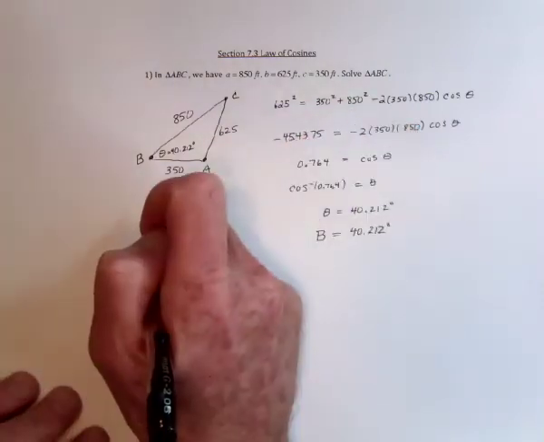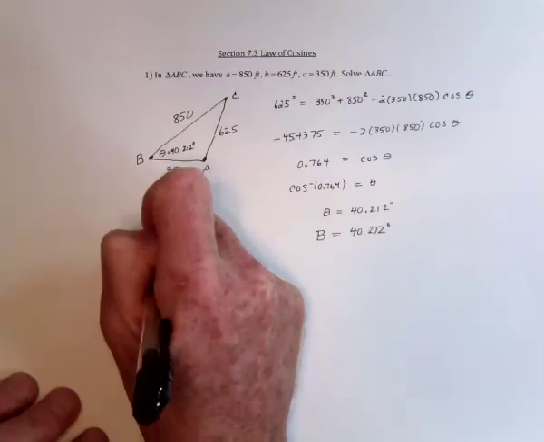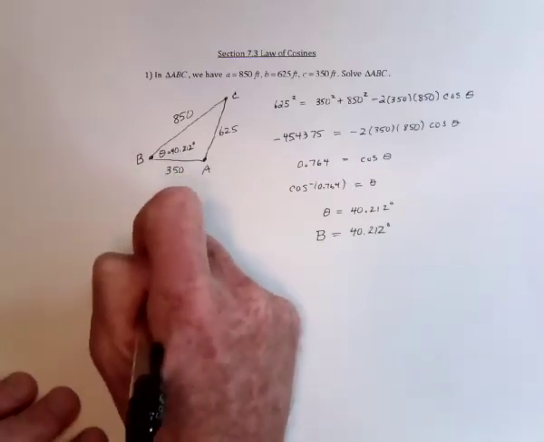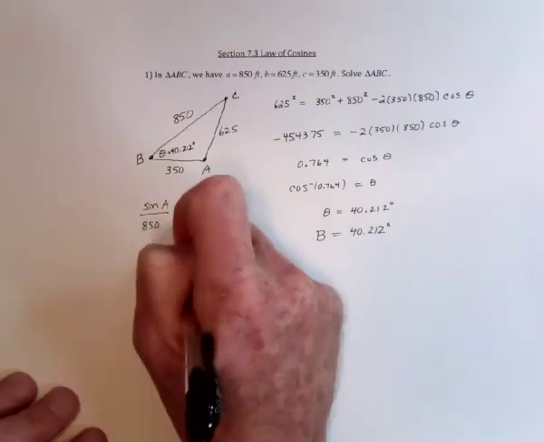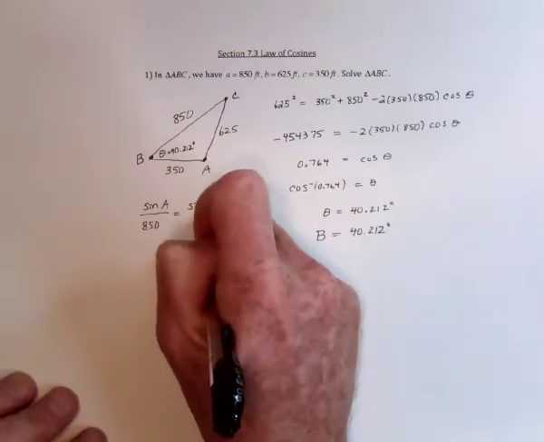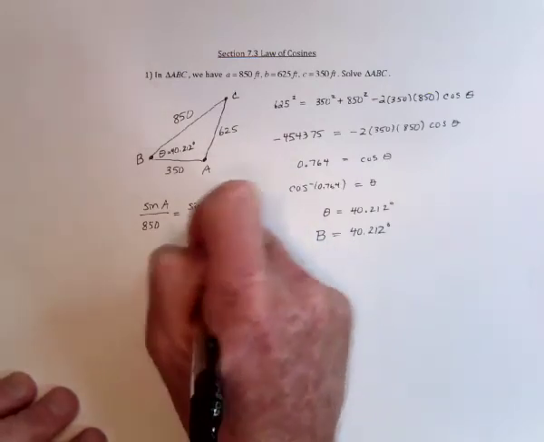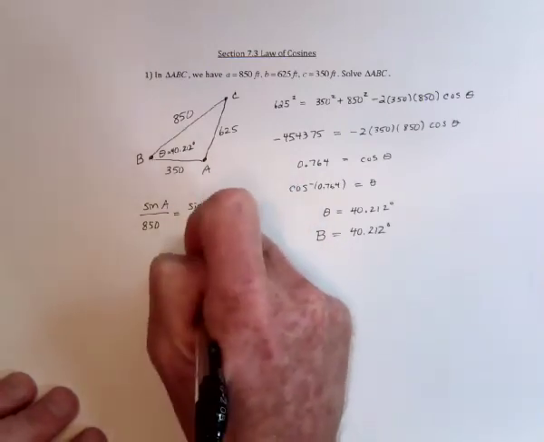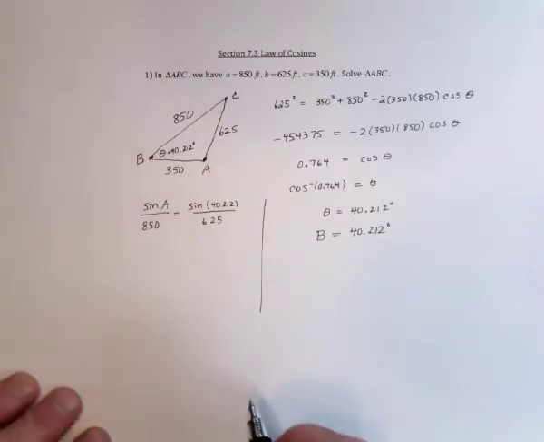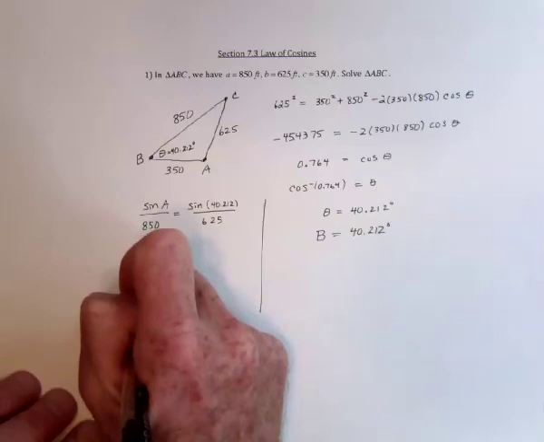So I can use the law of sines. Let's say I want to find A. So sine of A divided by the side opposite it equals sine of the theta that we just got divided by the side opposite of it, and then multiply both sides by 850.